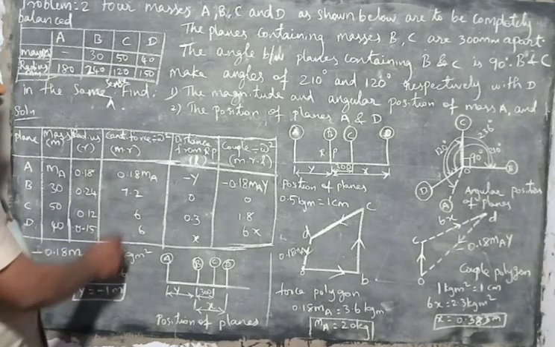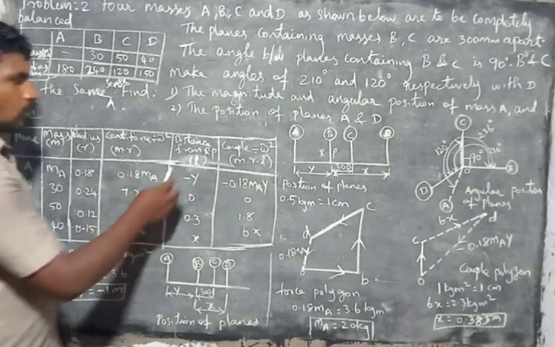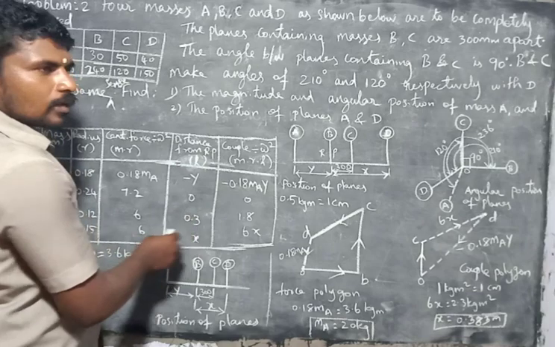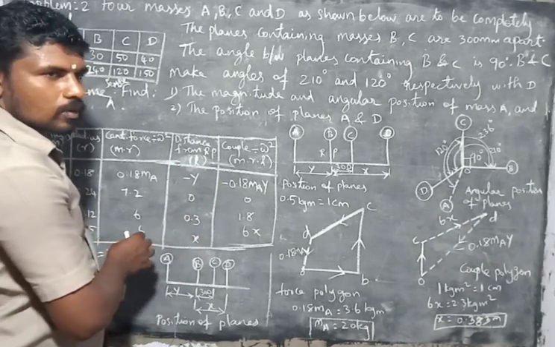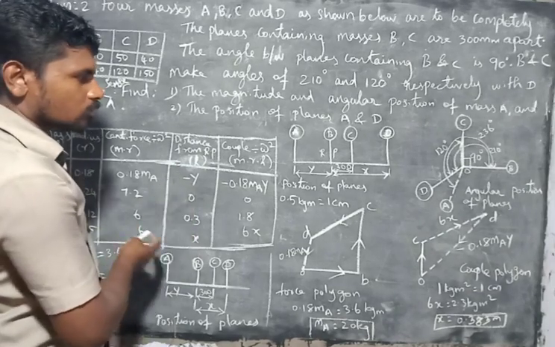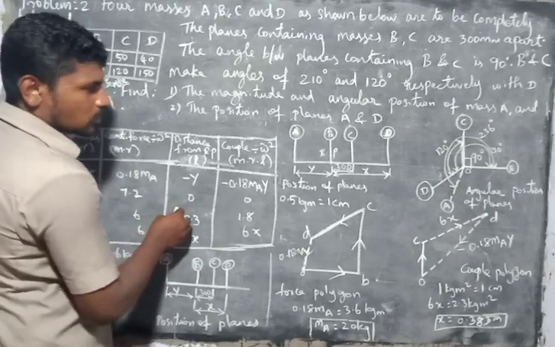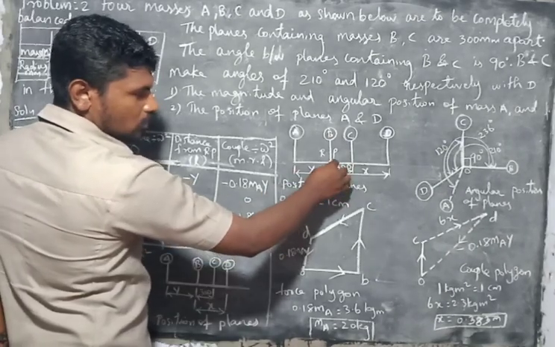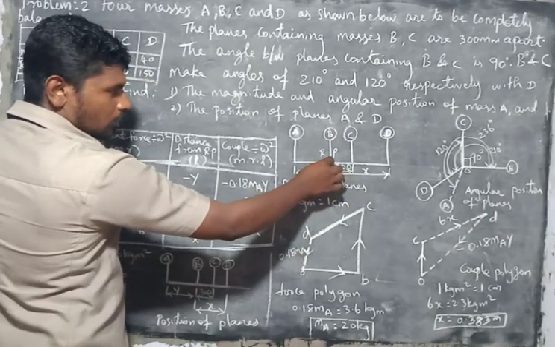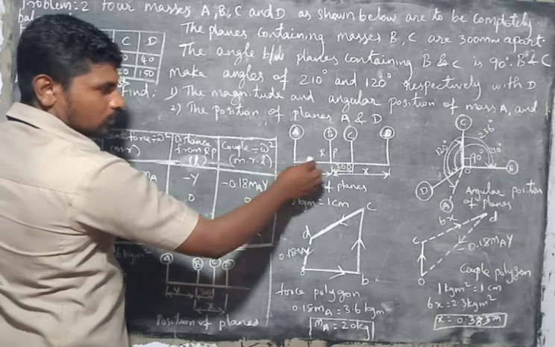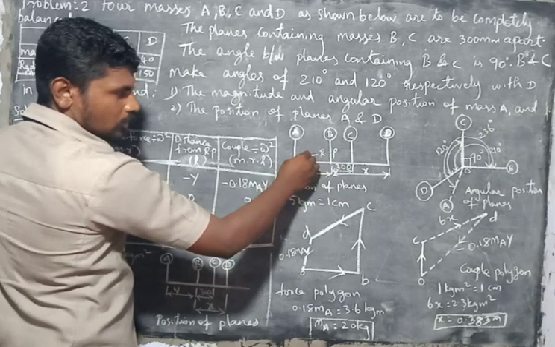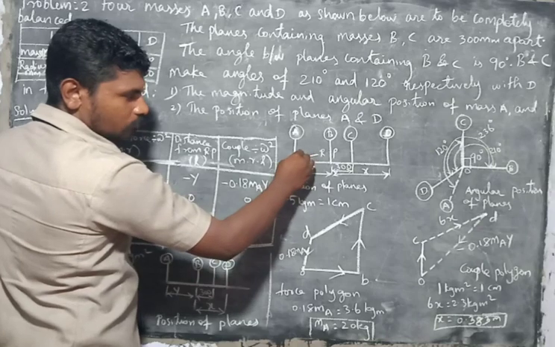After finding the centrifugal force per omega square, we need to check the distance from the reference plane. This is the reference plane, right? Reference plane to A is in which direction? Left side direction.